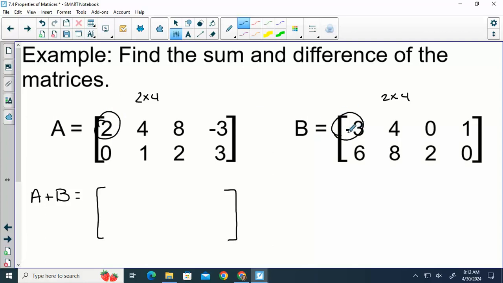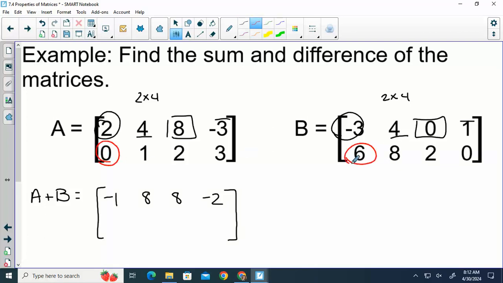So 2 plus negative 3 is negative 1. 4 plus 4, 8 plus 0, negative 3 plus 1, 0 plus 6, 1 plus 8, 2 plus 2.